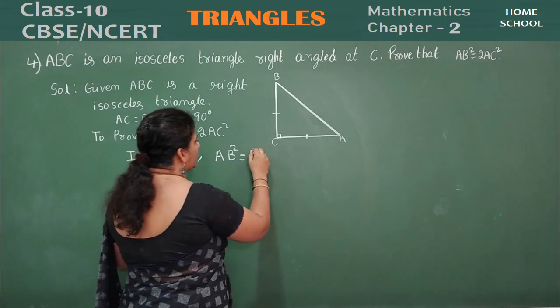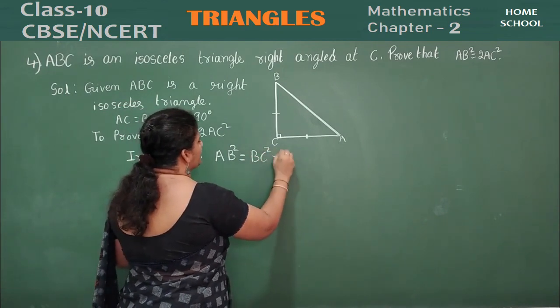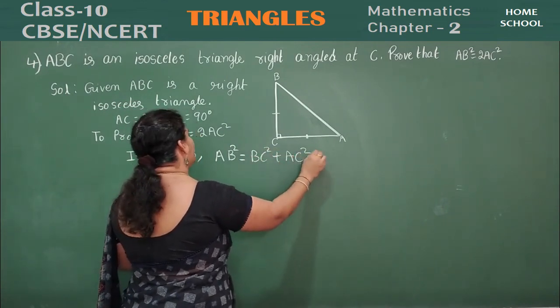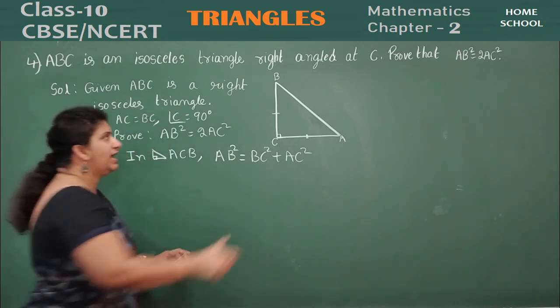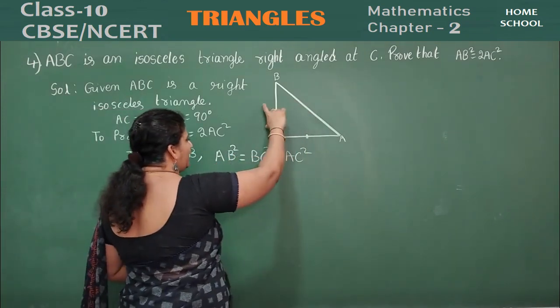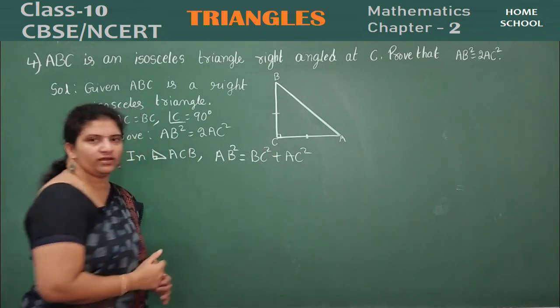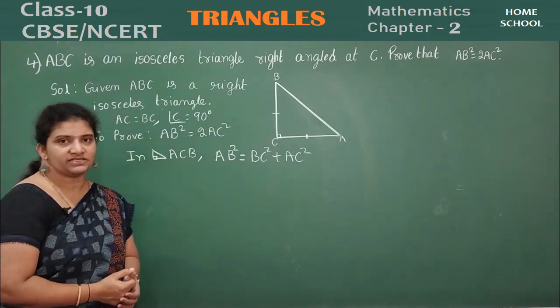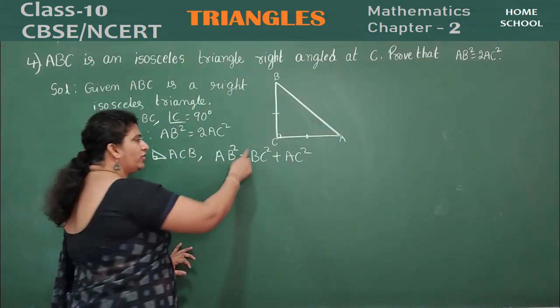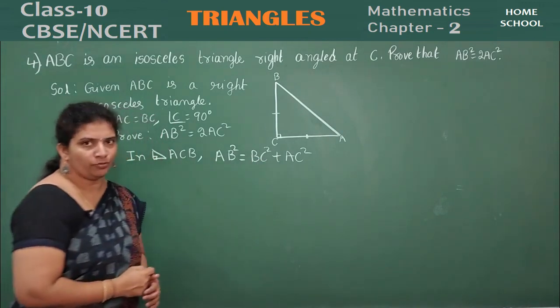Hypotenuse square is equal to sum of the square of other two sides. AB square is equal to BC square plus AC square. You can write AC square plus BC square also. If you want, you can write whole square also, children, no problem.